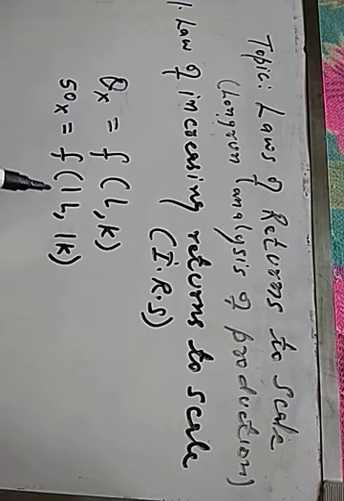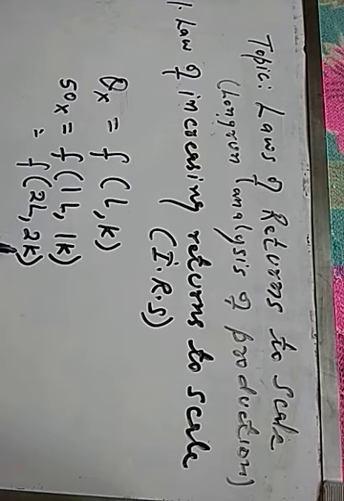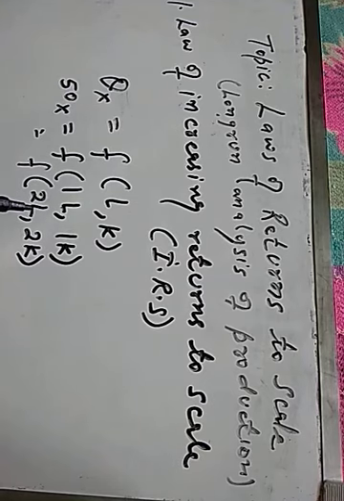Now to increase the output of x, we have to vary the units of labor and capital. Suppose the units of input, labor and capital, have been increased from 1 unit to 2 units, from 1 unit of capital to 2 units of capital, which means they have been doubled.